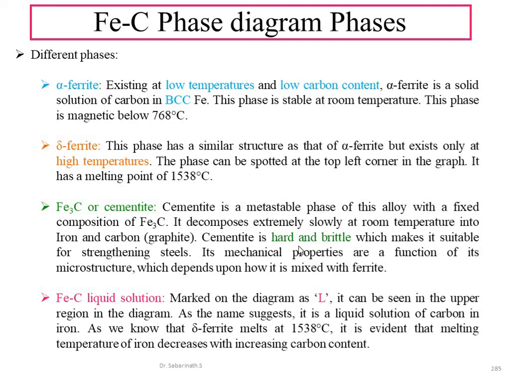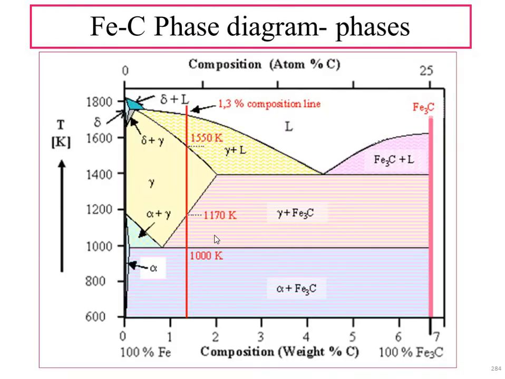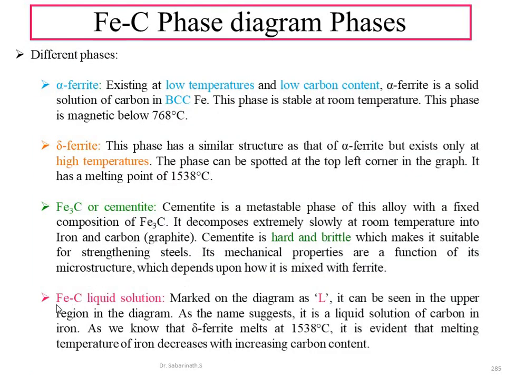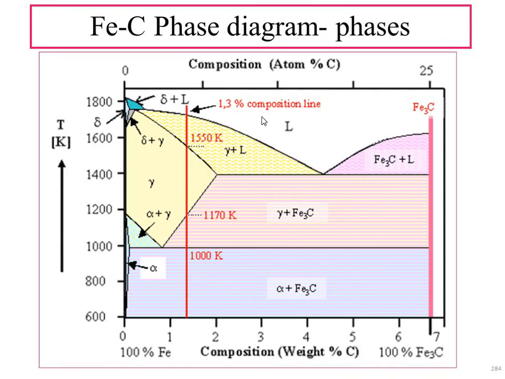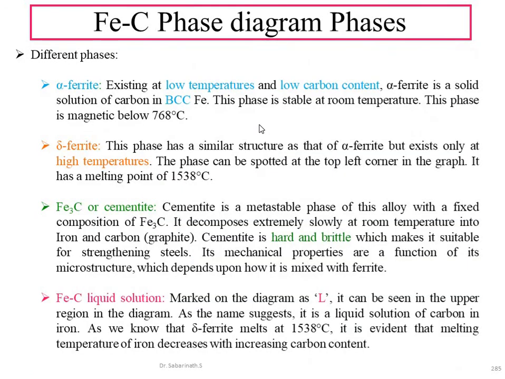Then alpha and delta ferrites, how they are mixed, is very critical. Next is the iron carbon liquid solution. On the top, that is iron and carbon, it is in a pure liquid state beyond this white portion.